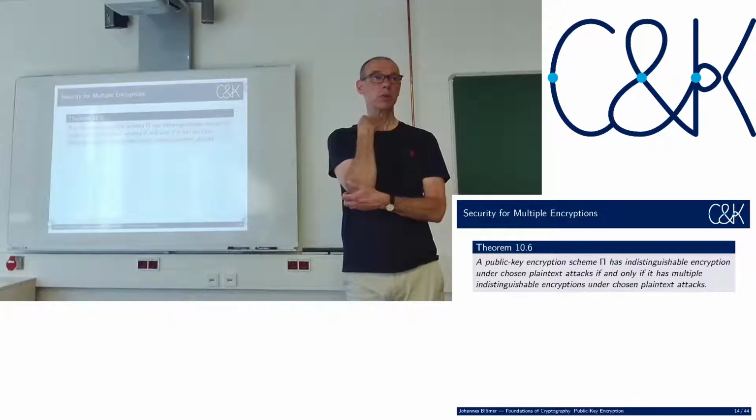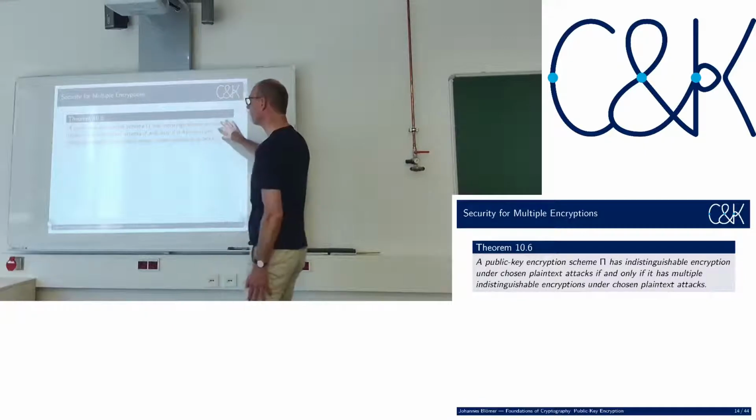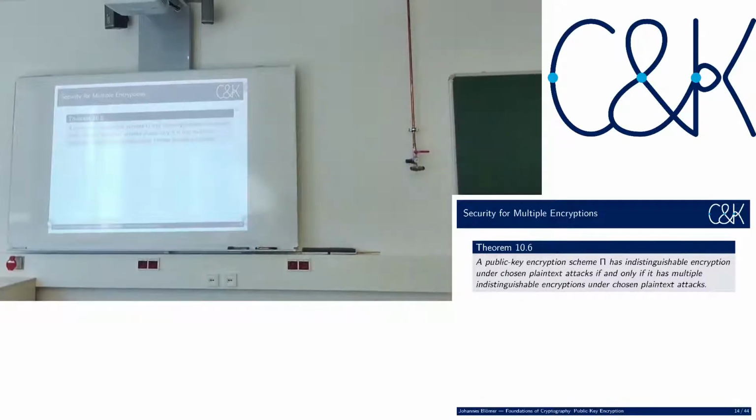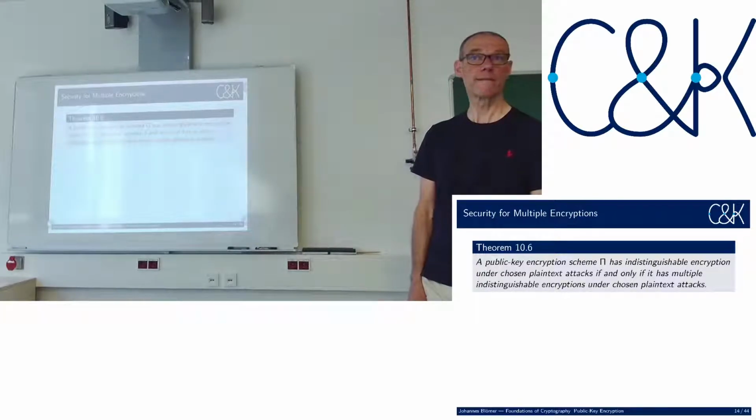The same is true for public key encryption schemes. So this is our important Theorem 10.6: a public key encryption scheme pi has indistinguishable encryptions under chosen plaintext attacks if and only if it has multiple indistinguishable encryptions under chosen plaintext attacks.